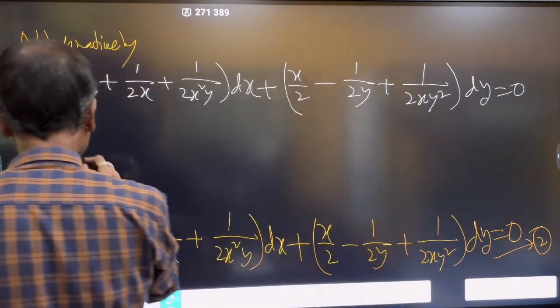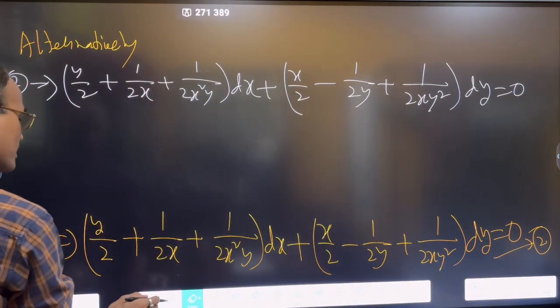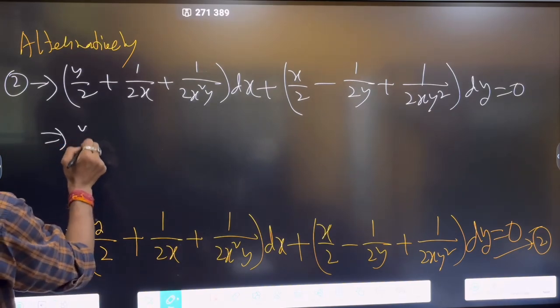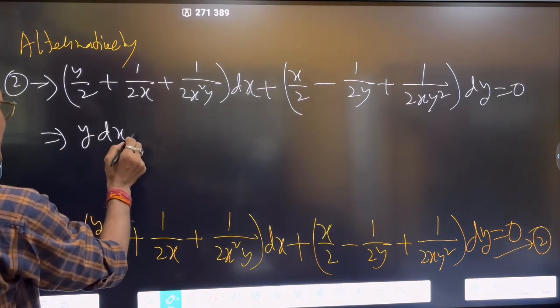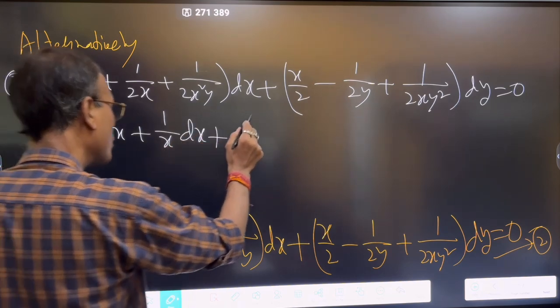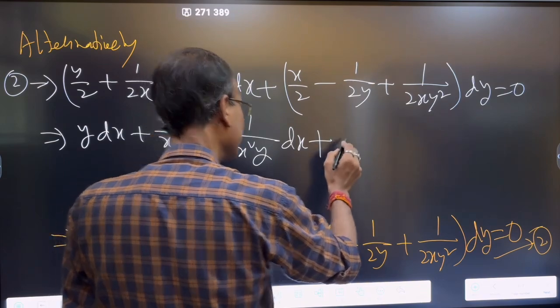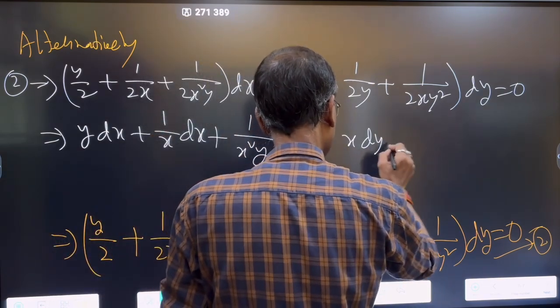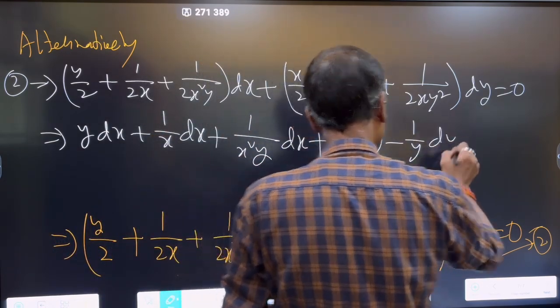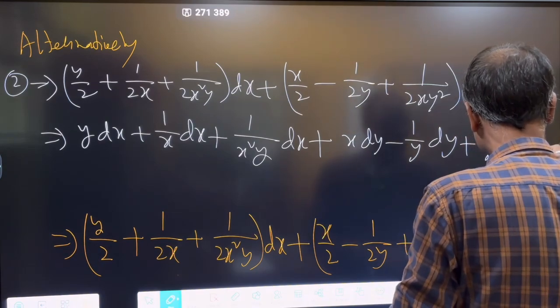Now first cancel all the 2s. y dx plus 1 by x dx plus 1 by x square y dx plus x dy minus 1 by y dy plus 1 by xy square dy. This is equal to 0.